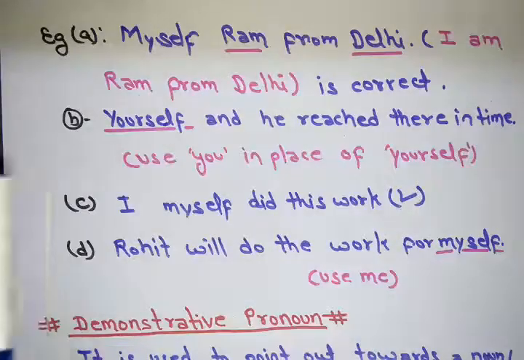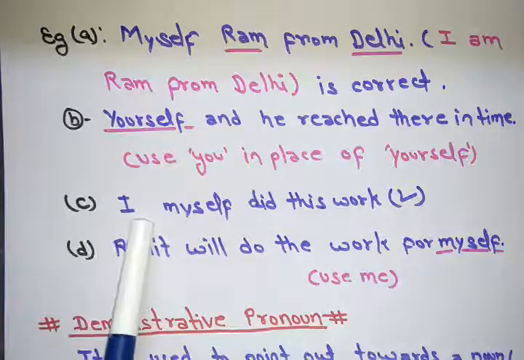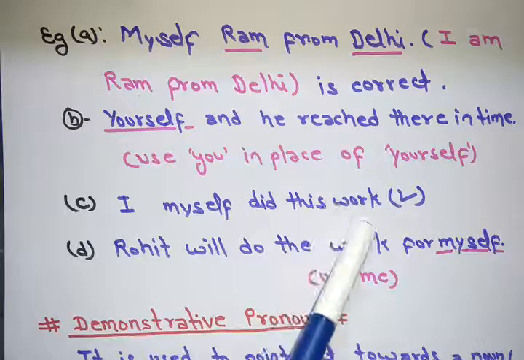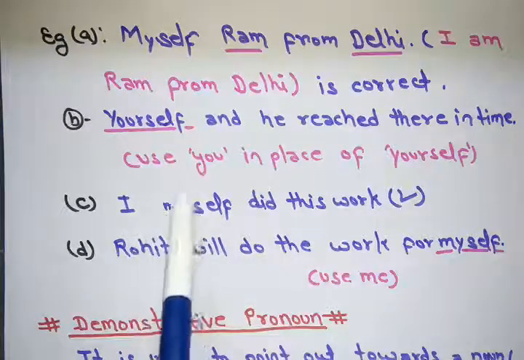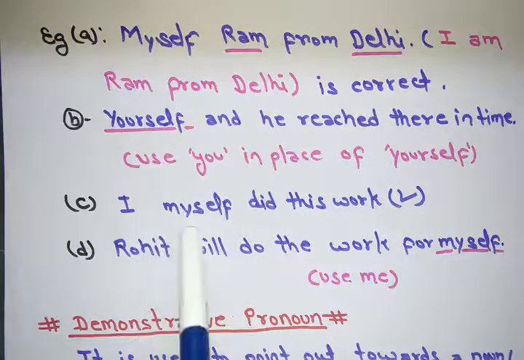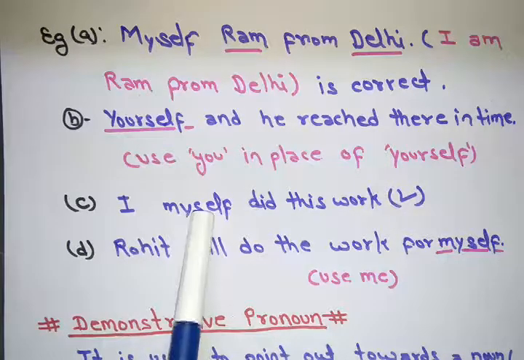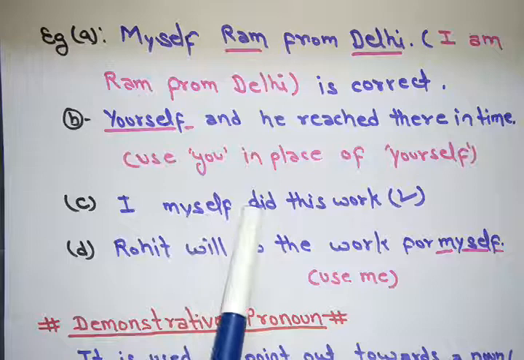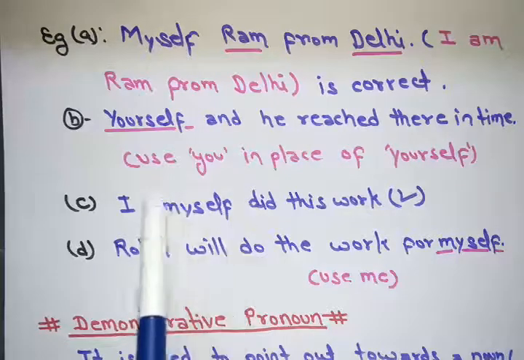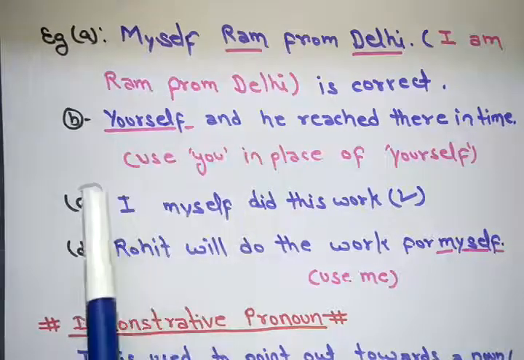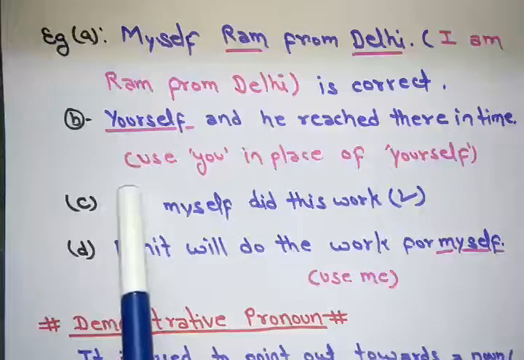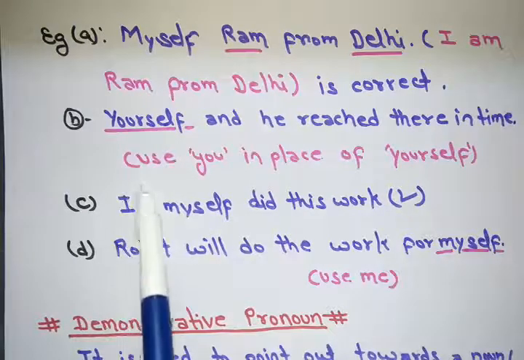And example number three, I myself did this work. Here we can use myself because the rule says that a reflexive pronoun can't be used as a subject unless a noun comes before it.